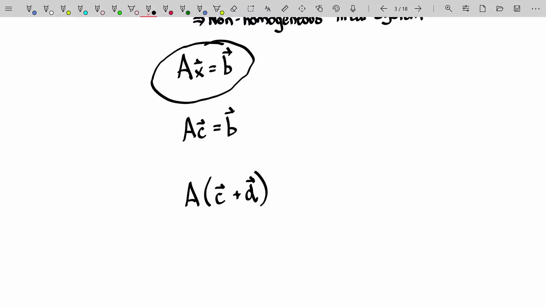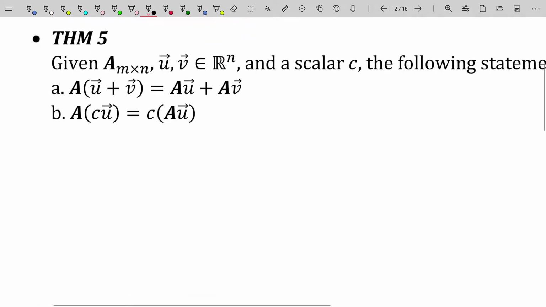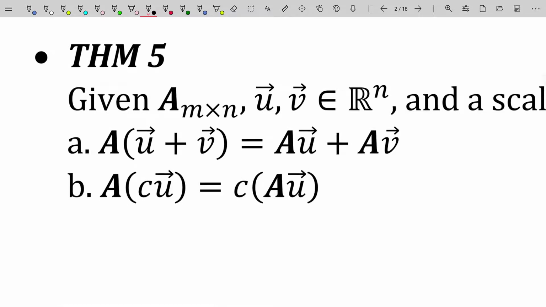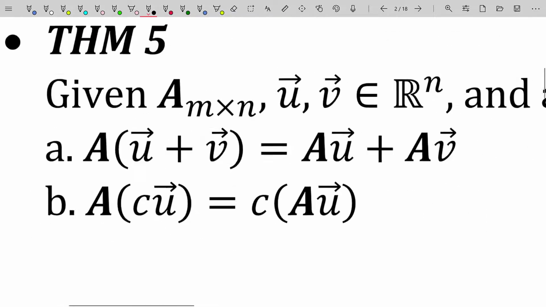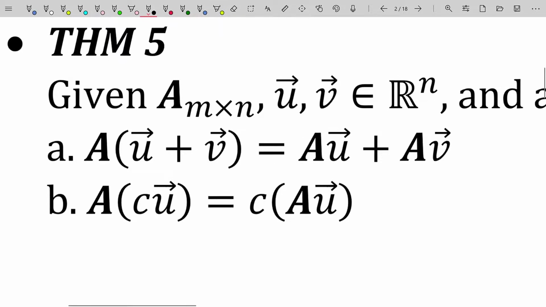The matrix A times the sum of the vectors C and D. Well, we have a theorem, and that theorem is on our list of very important theorems, and the theorem is what I would call theorem 5, part A, which is that a matrix A times the sum of vectors is just the matrix A times the first vector plus the matrix A times the second vector.